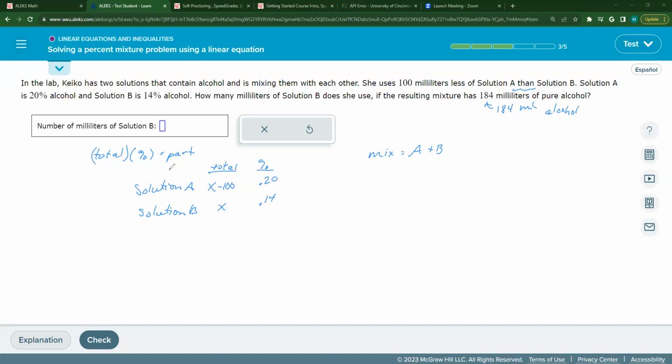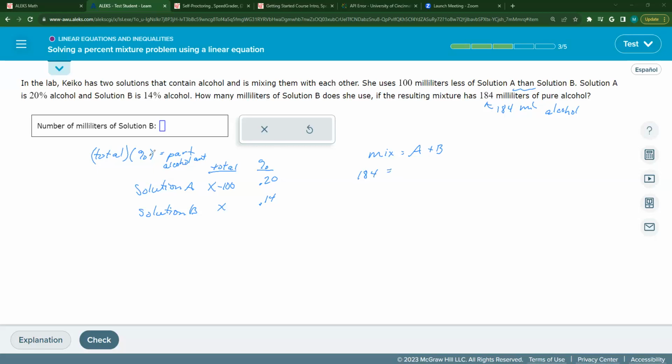All right, so this is when we're talking concentration, the total amount of liquid that we have times the concentration is going to equal, in this case, the alcohol. So it's the part alcohol. All right, so the mix, I need to have 184 milliliters.